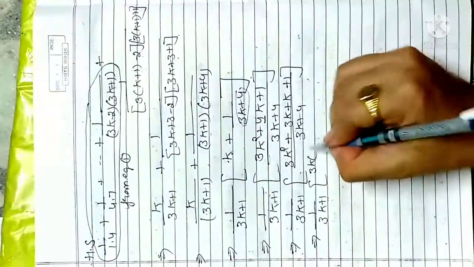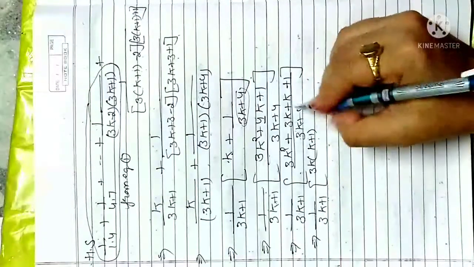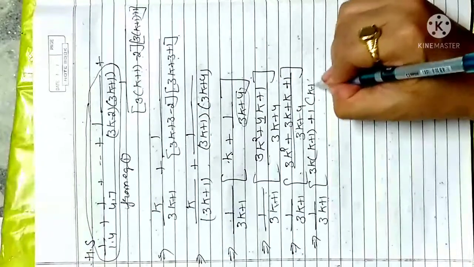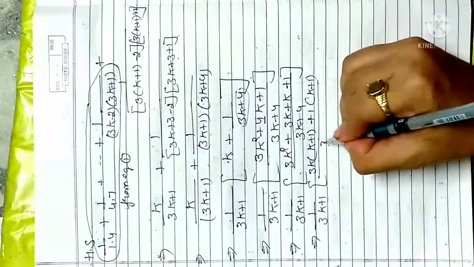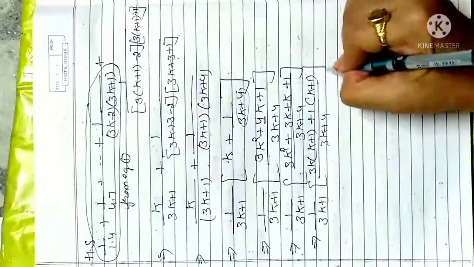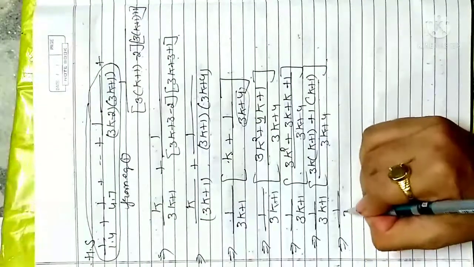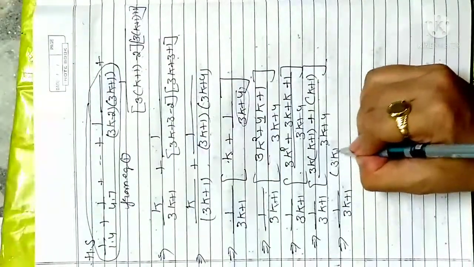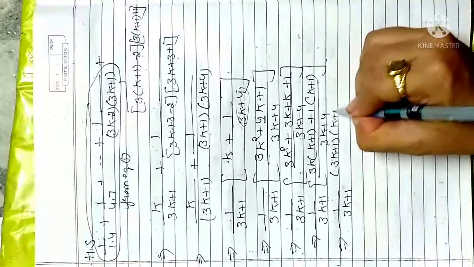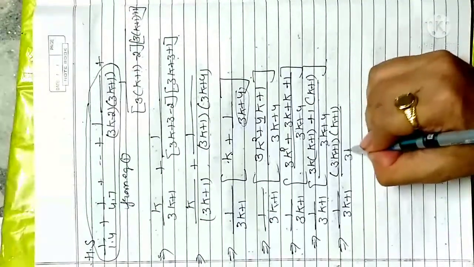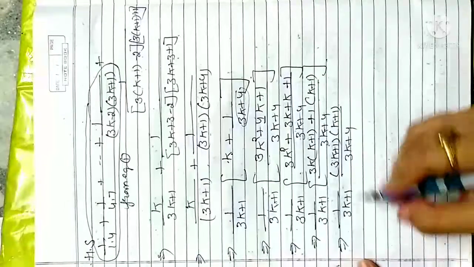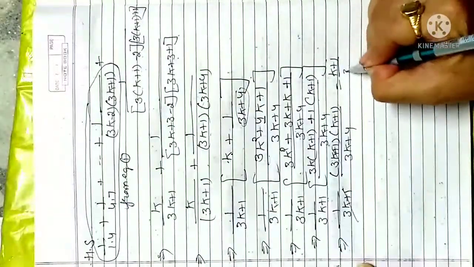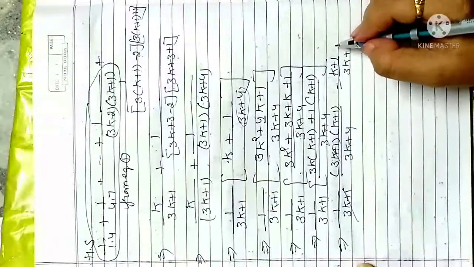So I take 3k common, that will be k plus 1, and here 1 is common, so that will be k plus 1 by 3k plus 4. So when I solve this, this is 3k plus 1, and the factors left are 3k plus 1, k plus 1 and 3k plus 4. So this term will be cancelled. What is left? K plus 1 by 3k plus 4.